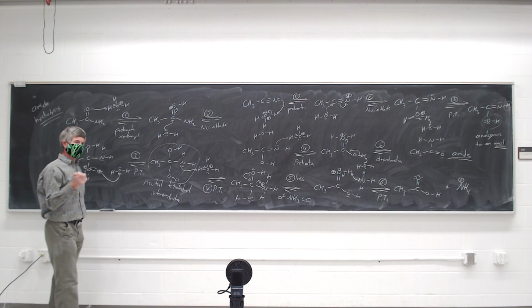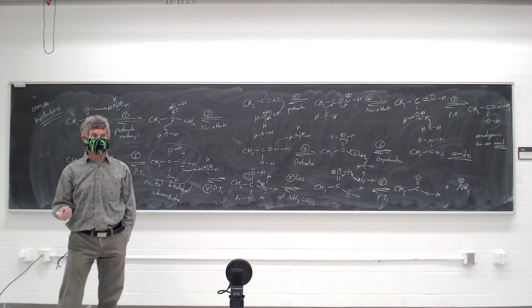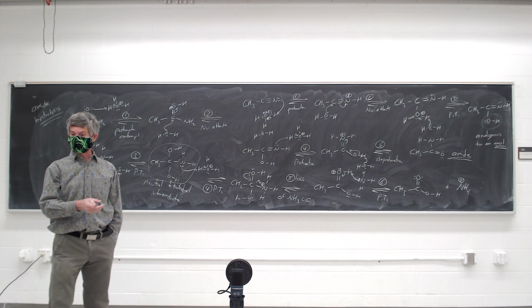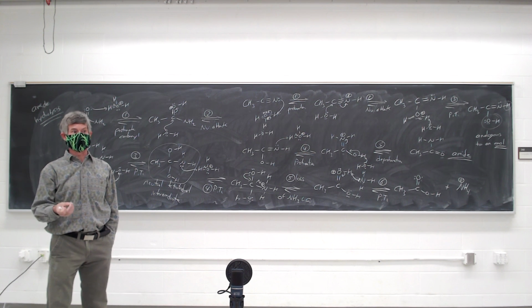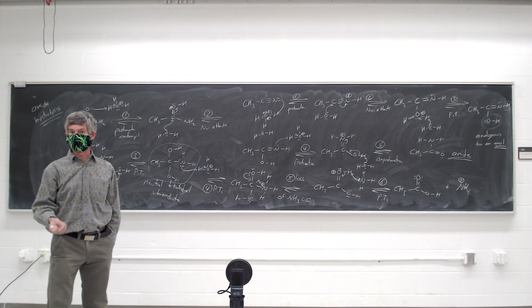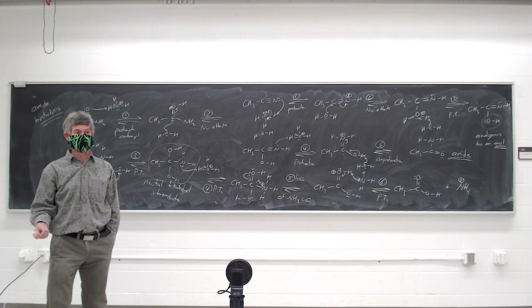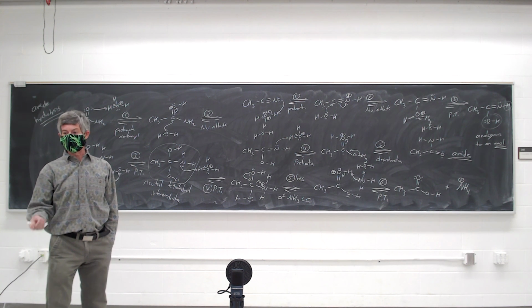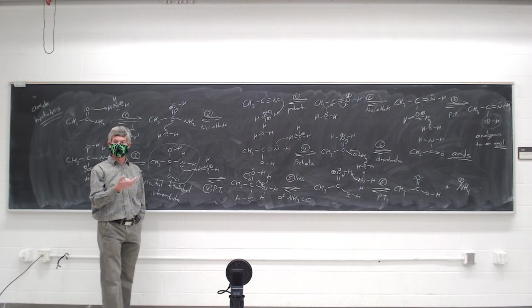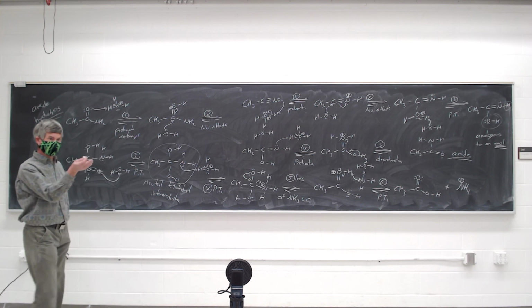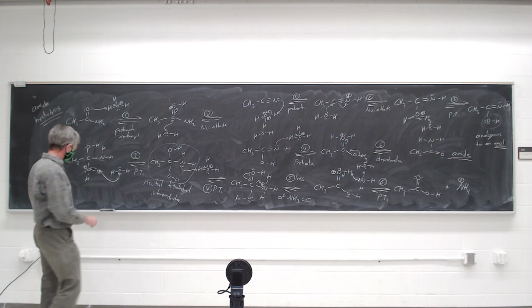The difference between the acid chloride and the anhydride on the one hand, and the amide and the ester on the other hand, is that the acid chloride and the anhydride are reactive enough to directly react with the neutral nucleophile without having to be activated by acid. The amide and the ester are not reactive enough to react with the neutral nucleophile until you protonate them. So it requires a switch to that acid catalyst.